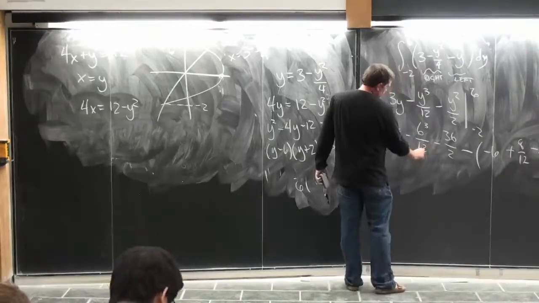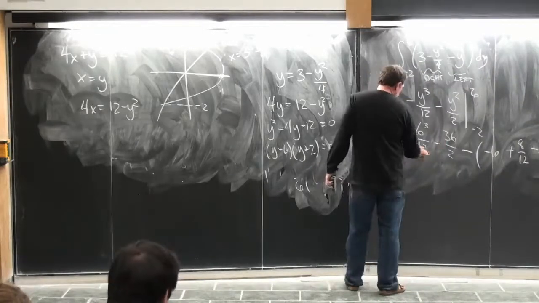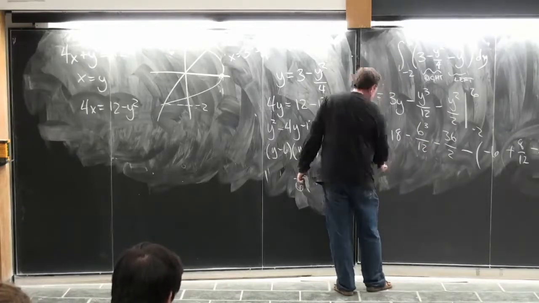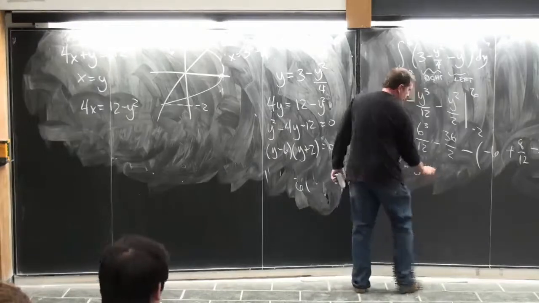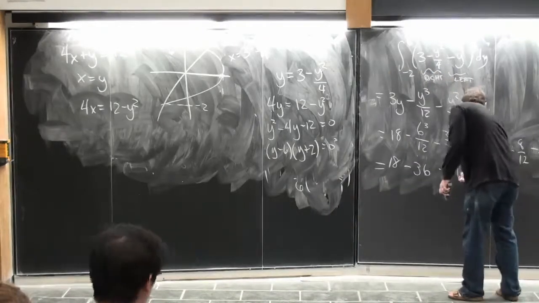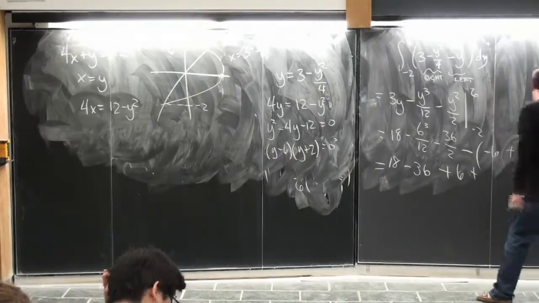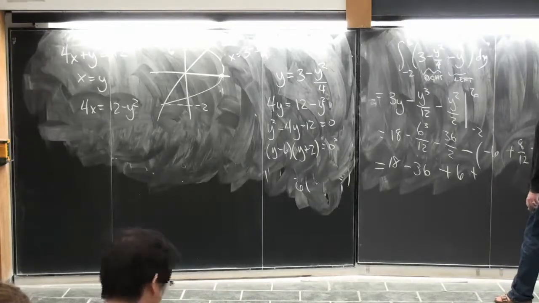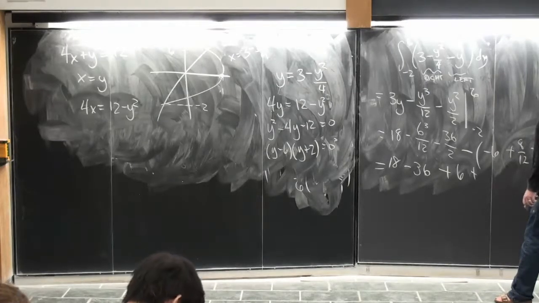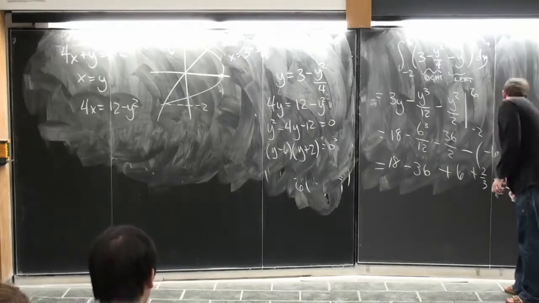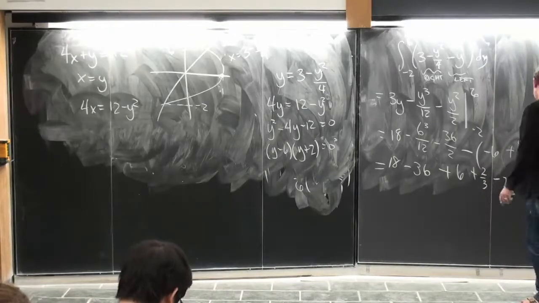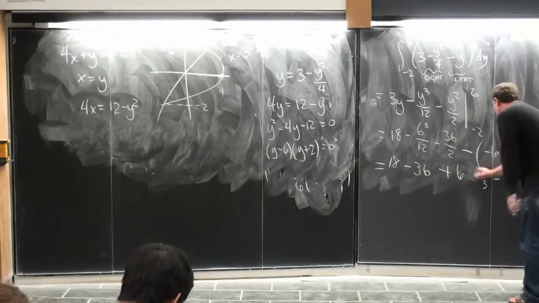So this is 36 over 2, 72 over 2. 8 over 12 is 2 over 3. Except this is a minus.